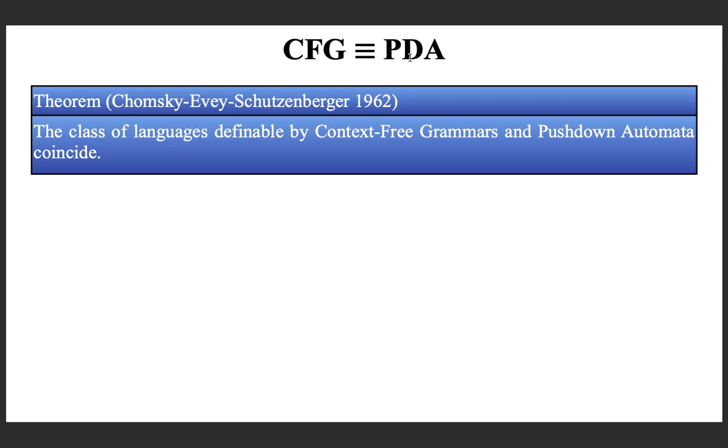The theorem says the class of languages definable by context-free grammars and pushdown automata coincide. So they both represent the same class of languages, namely context-free languages.